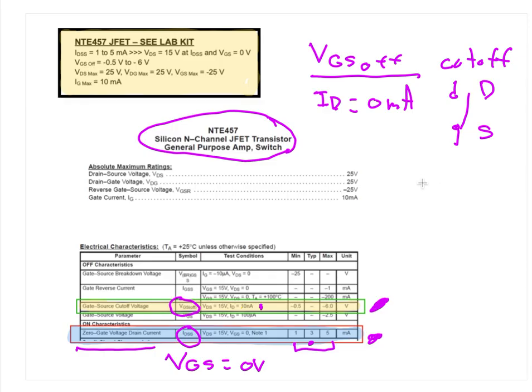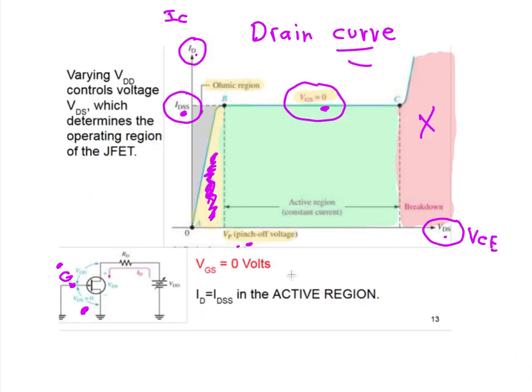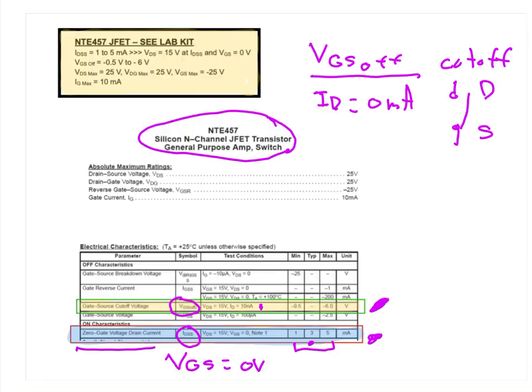If VGS 0 causes the drain current to be at a maximum, then increasing the gate to source voltage, which for an N channel means making this voltage negative, at what voltage is required to bring the current down to 0, or how hard do you have to squish the garden hose to make the water flow stop?